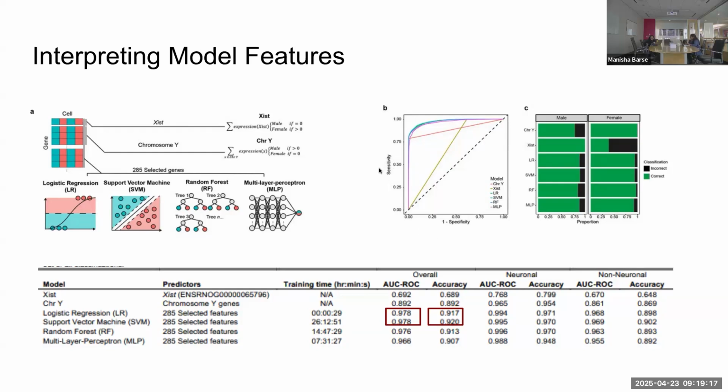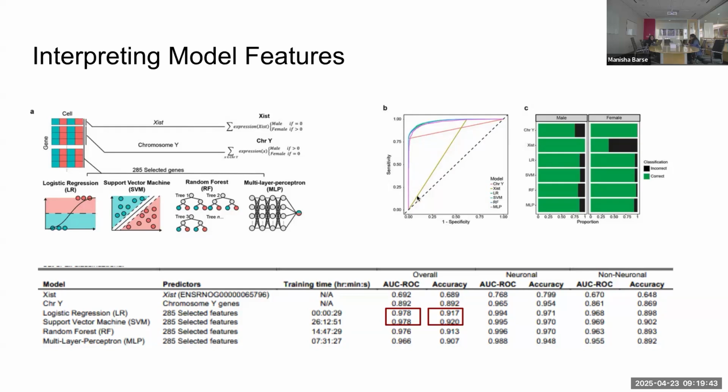Here sensitivity is the true positive rate against the false positive rate, and the 45-degree line over here is where the true positive rate equals the false positive rate. And the values we expect for a good model are higher values on the y-axis.